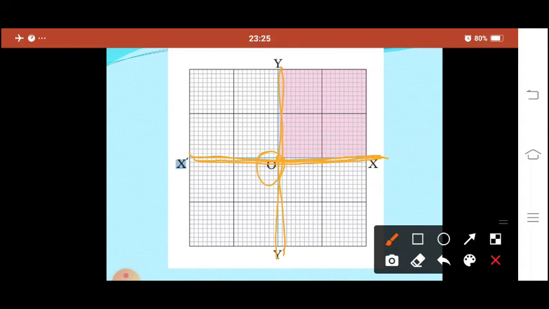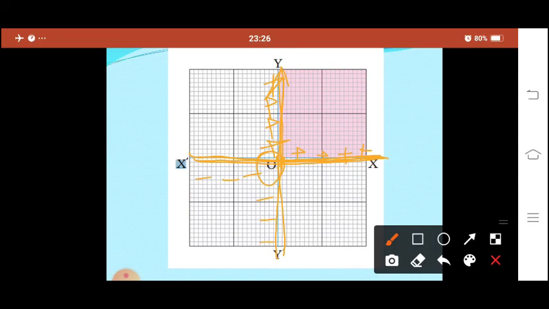From the origin, if we go towards the right side, all these are positive values. If from the origin we go upwards, we will get positive values. On the opposite side, if we go left, it is negative, as well as down it is also negative.